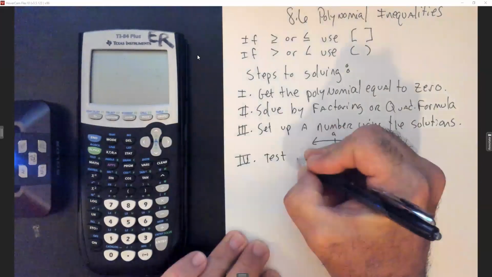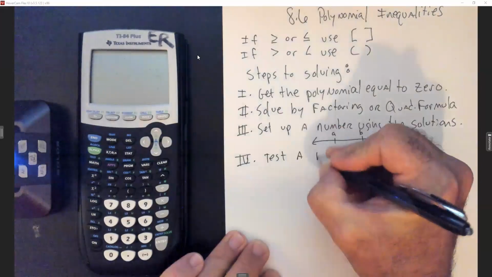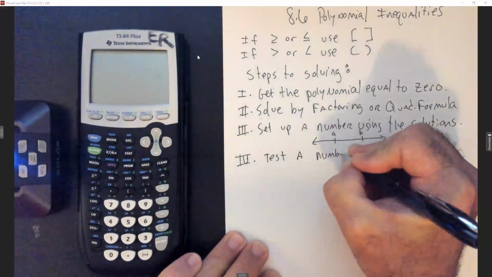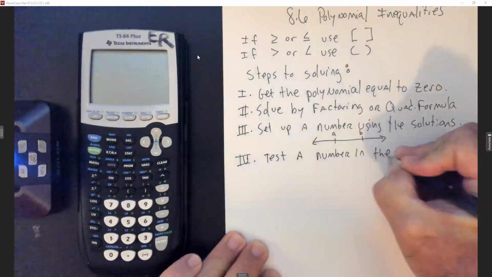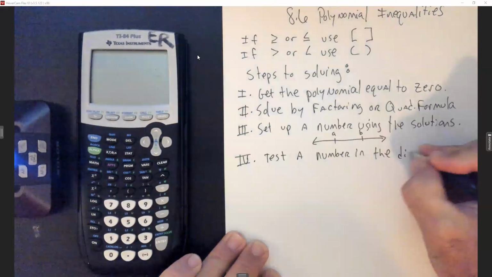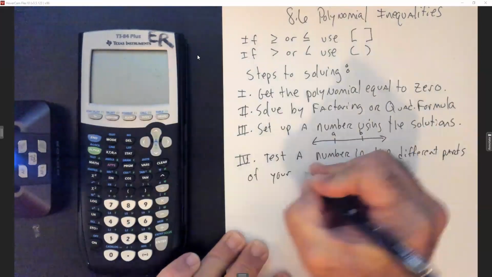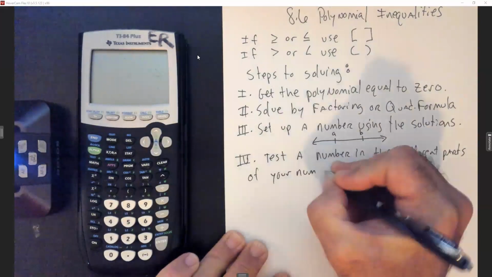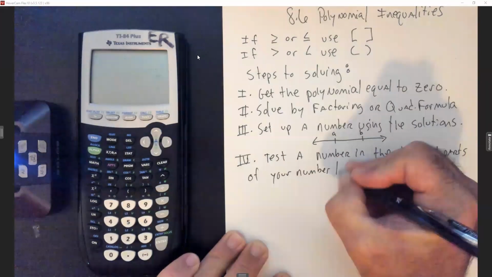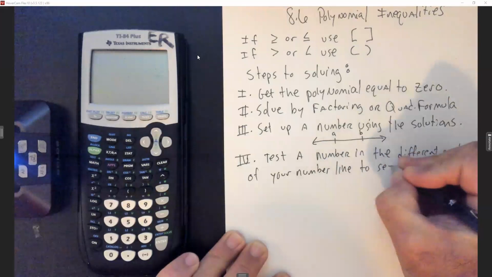So test a number in the different parts of your number line to see if true or false.